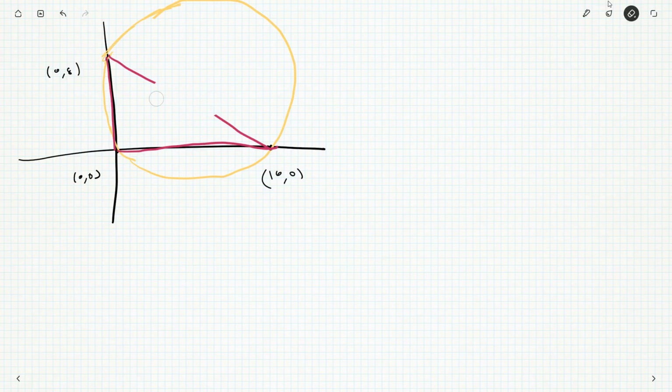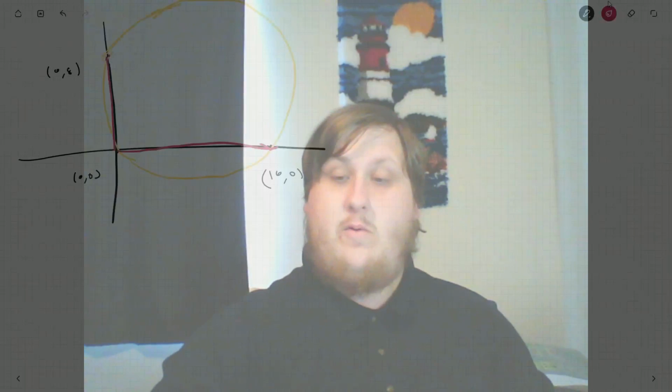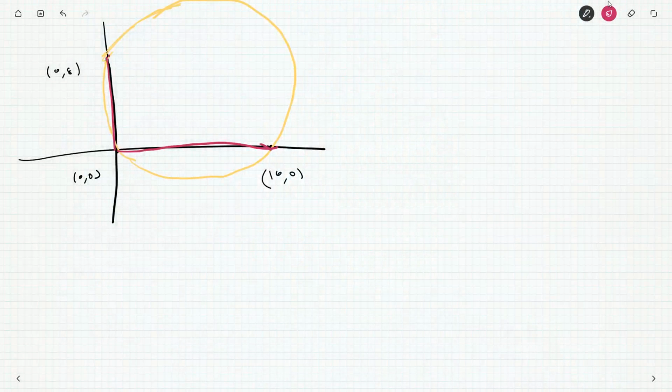Now we know the center, we can figure out the radius as well. Another thing we could do is realize these two red lines form chords. We need the center and the radius to get the equation. What happens when I take a chord and drop a radius through it? If the radius hits at a right angle, it splits the chord in half. One chord has length 10, the other has length 8.